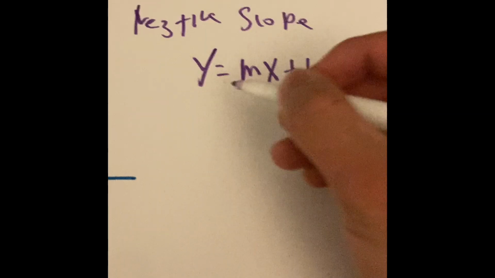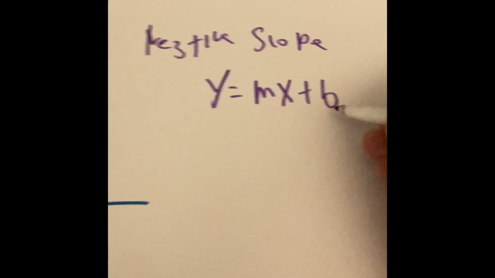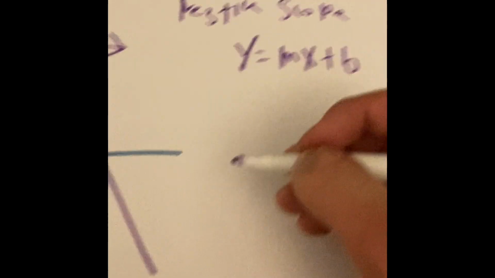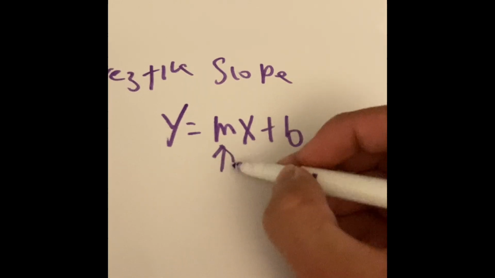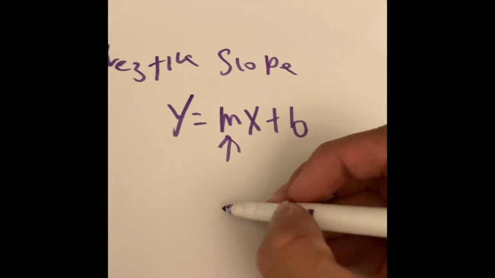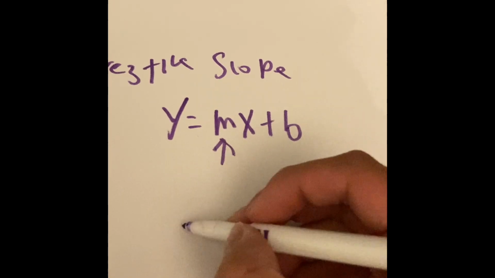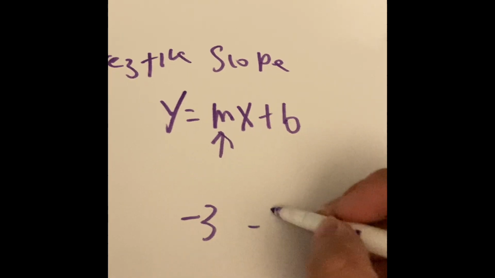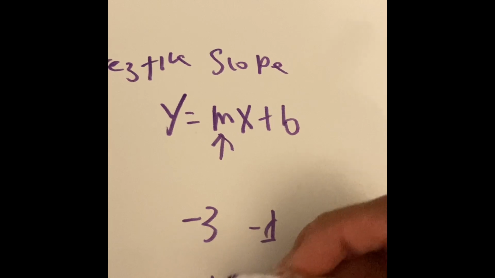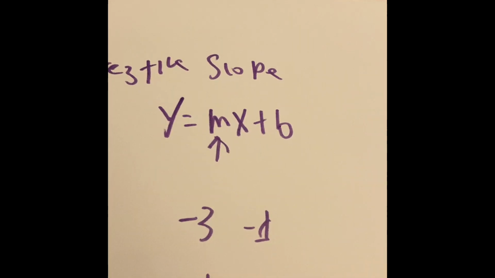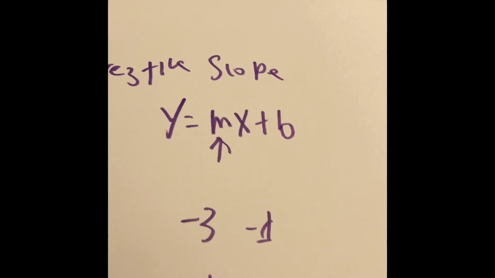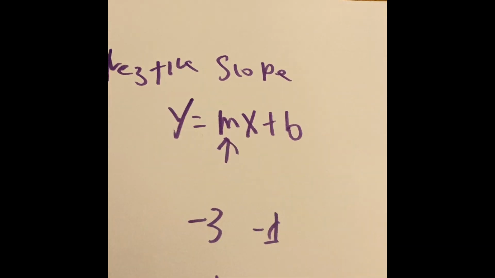When you see y equals mx plus b incorporated into a negative slope, what you'll notice right away is that your slope, or the letter m, will become a negative number, like -3, -1, -10, and so on. Type in the comments below which negative number you think should be put in here.